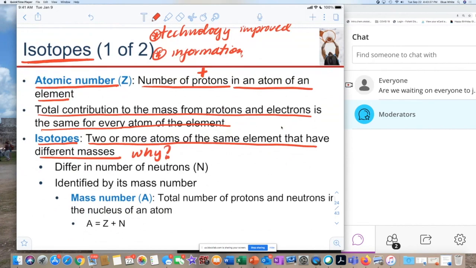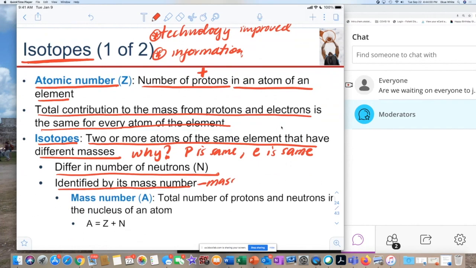Up here, we're told the number of protons is the same, number of electrons is the same. So the part of the atom that's different is the number of neutrons. The subatomic particle that has no charge, that's the part that's neutral, and that's the part that's different. So we're told here we can identify an isotope by its mass number.